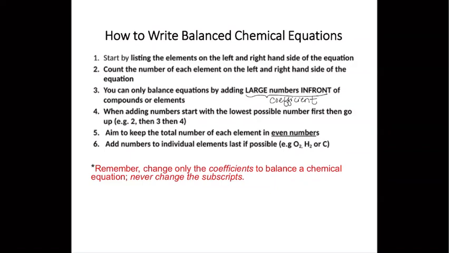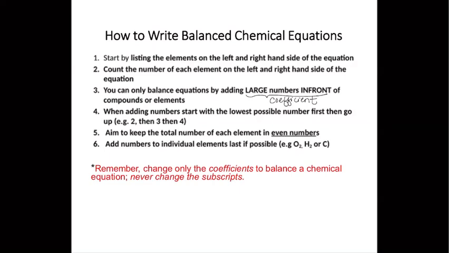And then go up 2, 3, 4, so on and so forth. If possible, aim for even numbers. It's not a set rule that you need to have even numbers always, okay? It just comes with practice, okay? And understand that the last thing that we balance in a chemical equation tends to be specifically the individual elements, okay?